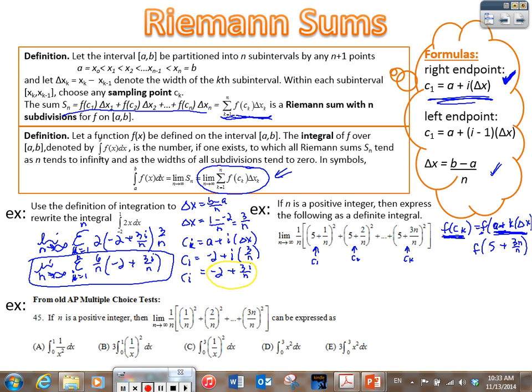According to this, what is my a going to be? A is 5. If I didn't have a number here, what would a be? 0. My a is 5, plus k or i, whichever one you're doing, times delta x. So what's my delta x? 3 over n.